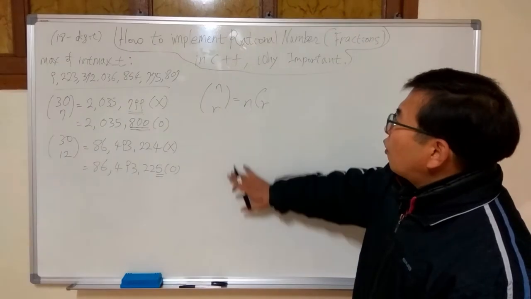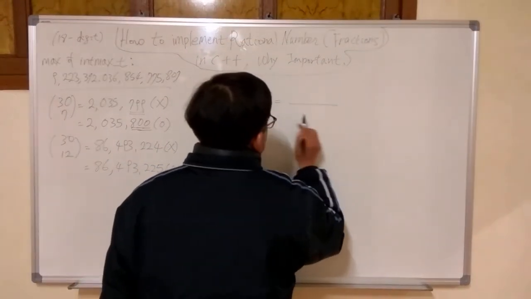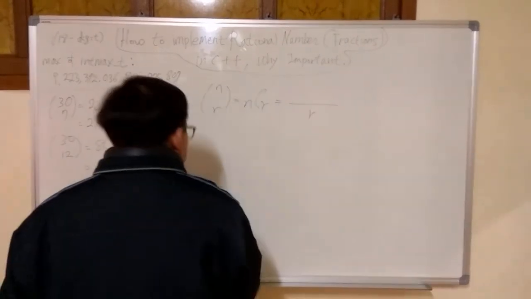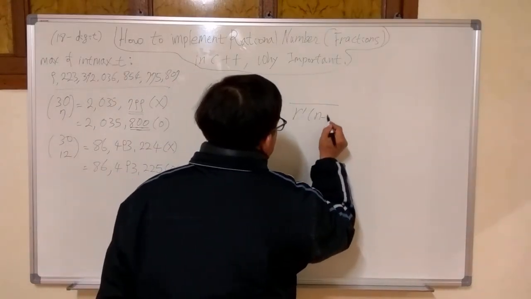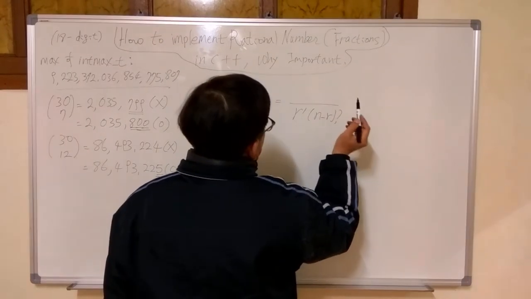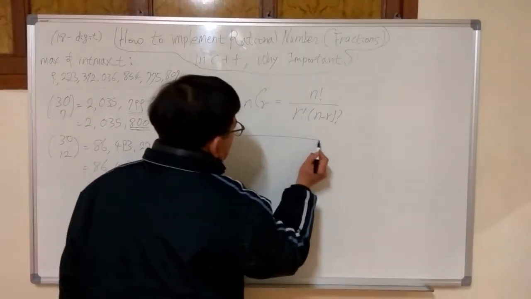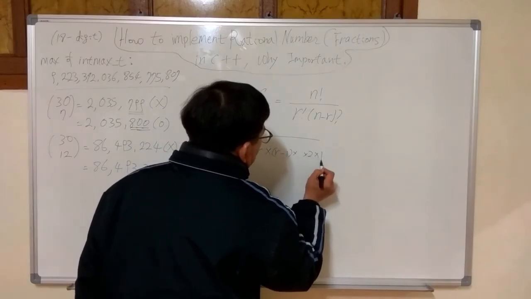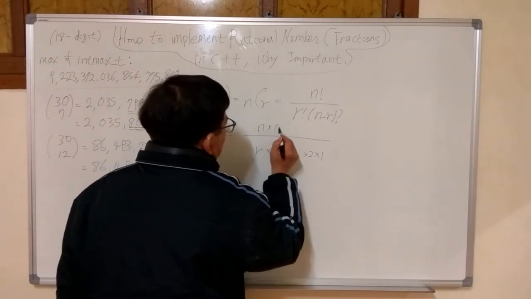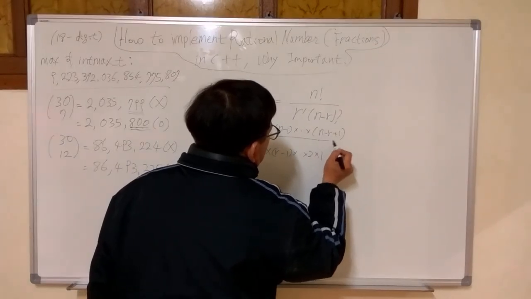And in the course, we will implement rational numbers. Combination is basically calculated like this: r factorial times (n minus r) factorial over n factorial, and this equation can be written like this: r times (r minus 1) times 2 times 1 over n times (n minus 1) times ... times (n minus r plus 1).